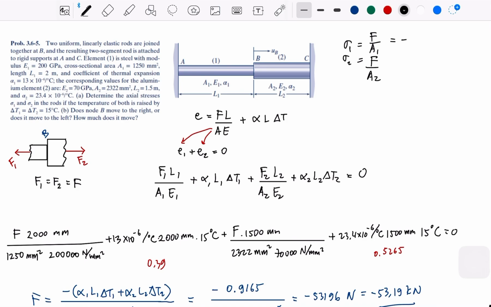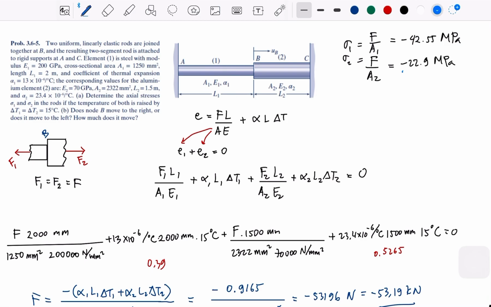So this will be negative 42.55 MPa. This will be 22.9 MPa.